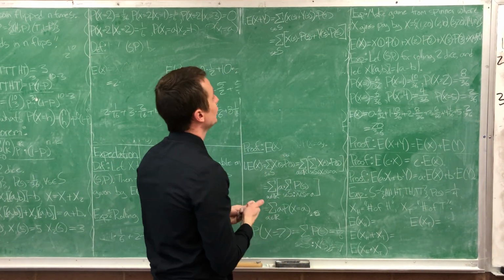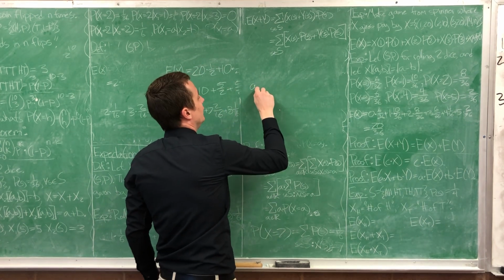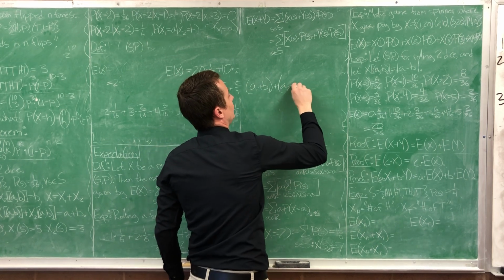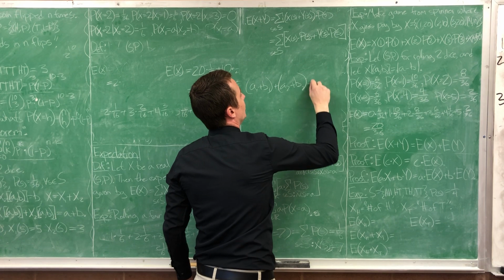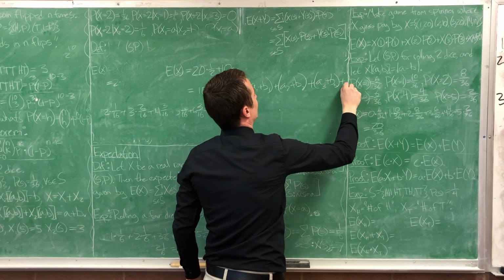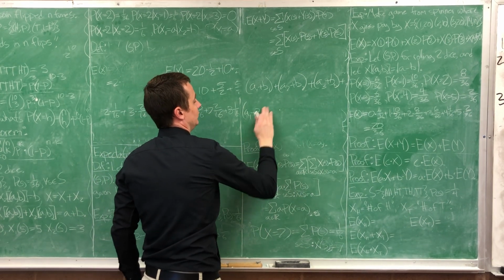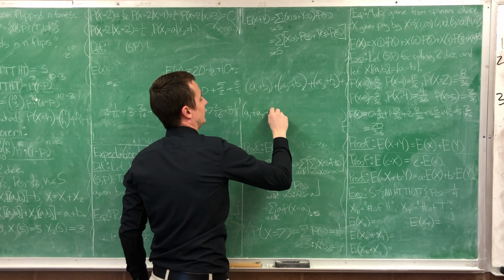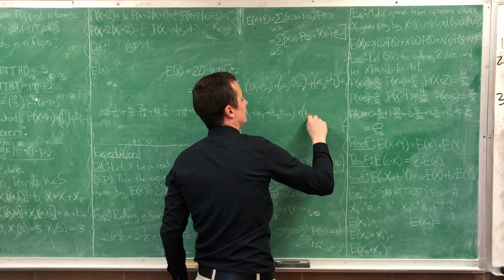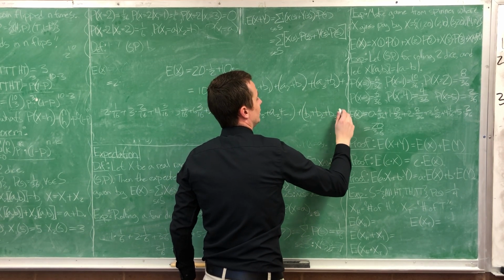And now I'm just going to break the sum into 2 sums. In other words, if I have a1 plus b1 plus a2 plus b2 plus a3 plus b3 plus, and I keep following that pattern, that's going to be the same thing as a1 plus a2 plus a3 plus, plus b1 plus b2 plus b3 plus.